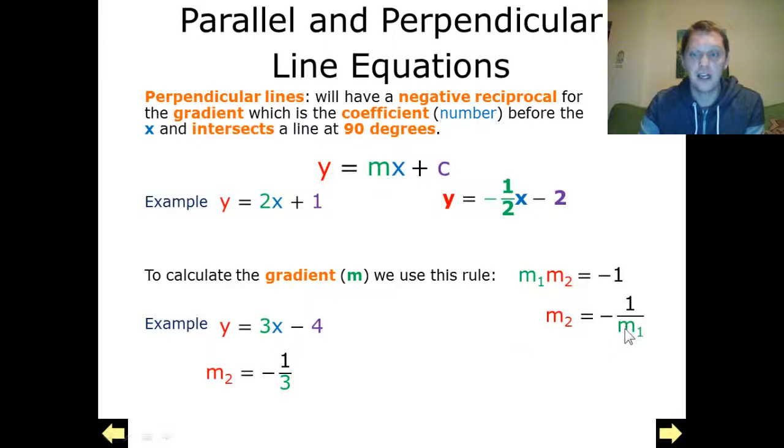If I substitute in my 3 for my m1, because this is my original gradient, my new gradient for my perpendicular line will be negative 1/3. So a perpendicular line equation for this, I could give y equals negative a third x minus 4, just as an example.